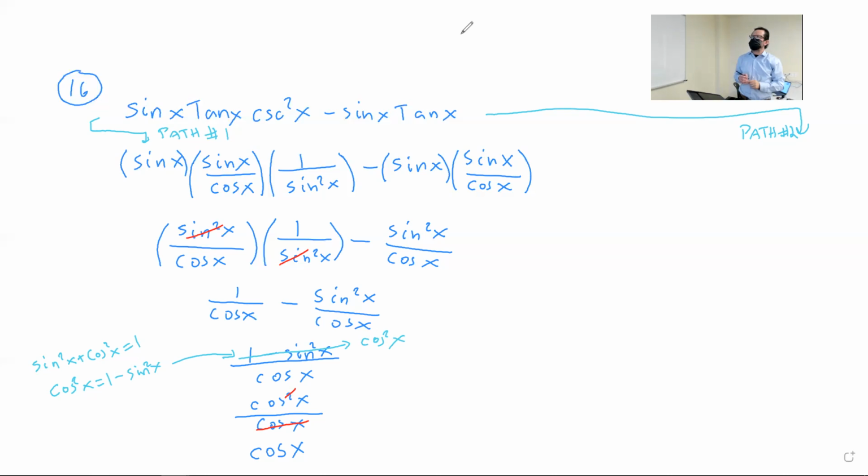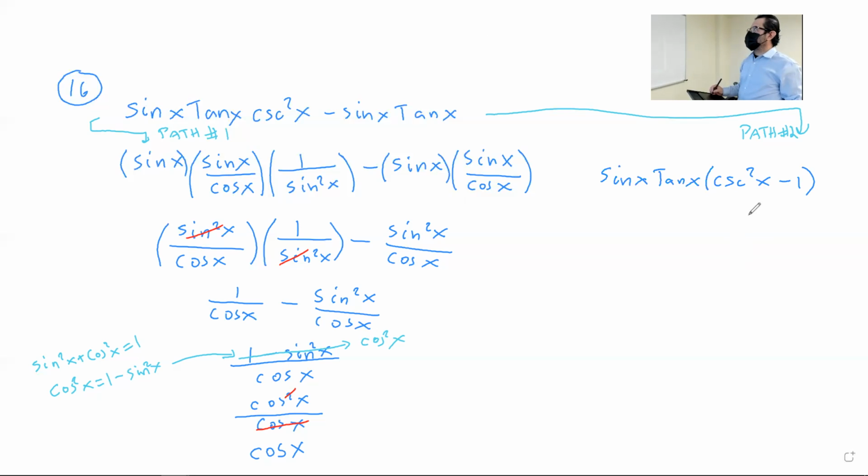But before we do that, is there something we can factor there? There's the sine and tangent, so sine x tangent x is here and here, so we can factor that first. If I factor that, I'm going to be left with cosecant squared of x minus 1.